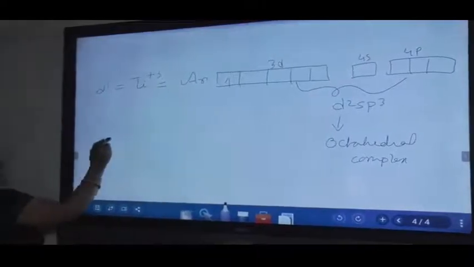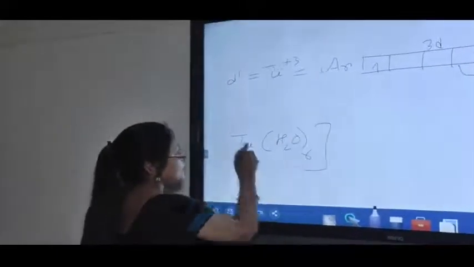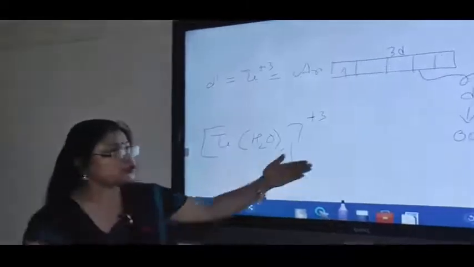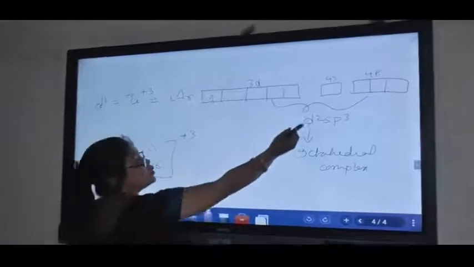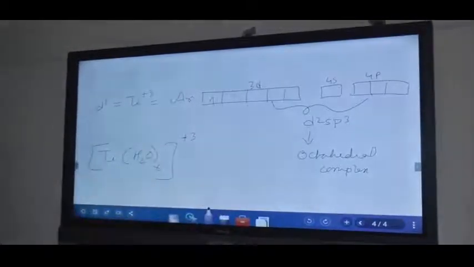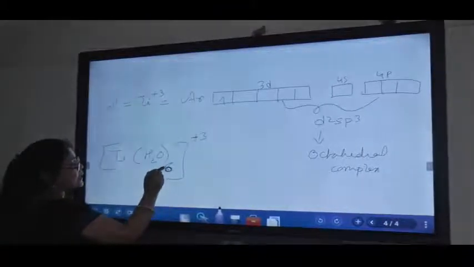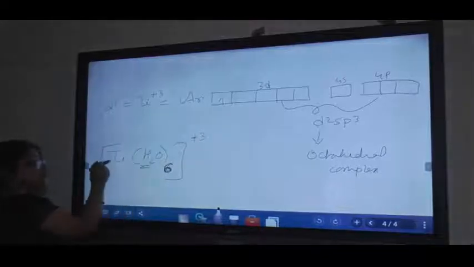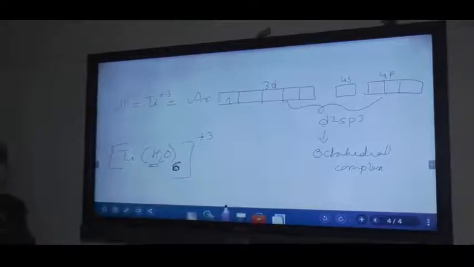Let us assume that there will be 6 water molecules which combine with titanium in +3 state to fulfill the 6 hybrid orbitals that result because of d2sp3 hybridization. Now, in presence of these 6 equivalent ligands, the d orbitals of titanium will undergo splitting. That we call the crystal field splitting.